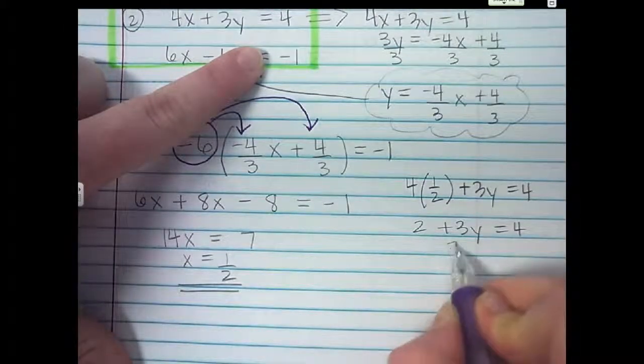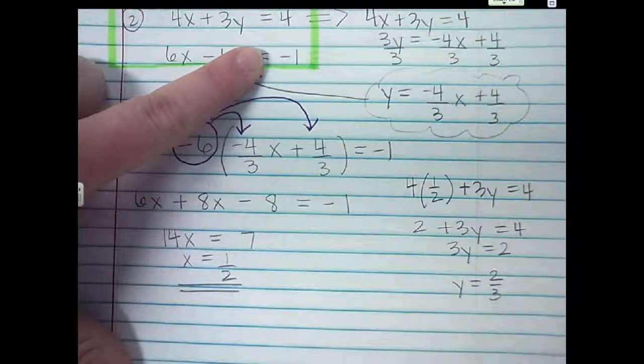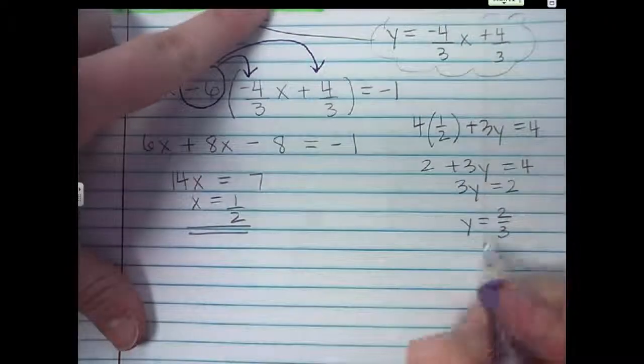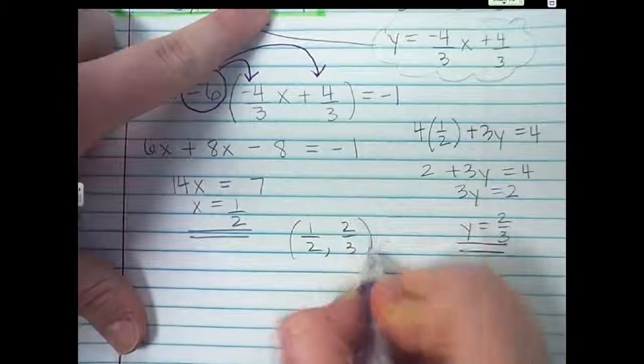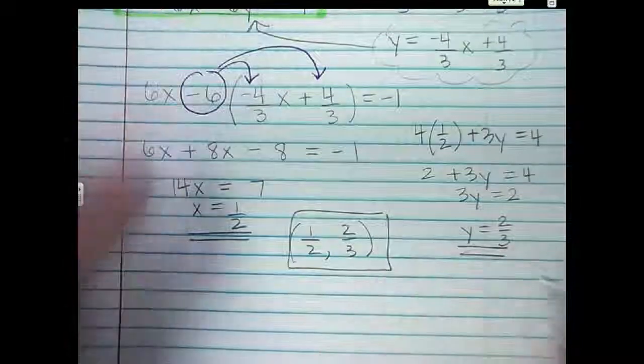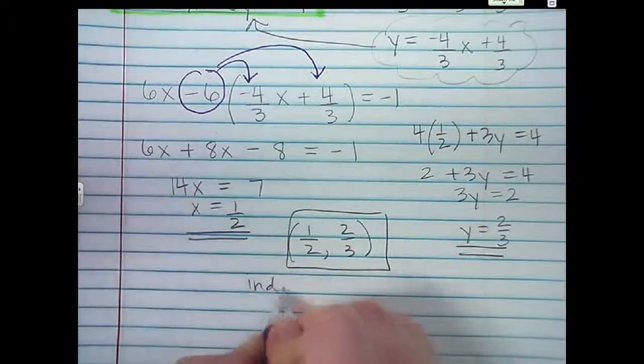Subtract the 2 over and we get 2. So y equals 2/3. So 1/2, comma, 2/3. Independent and consistent. Good.